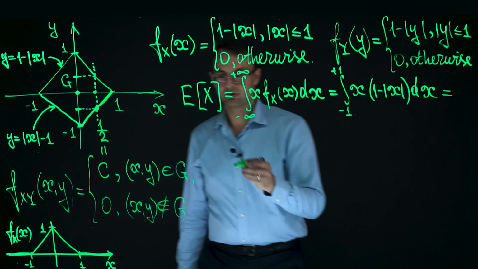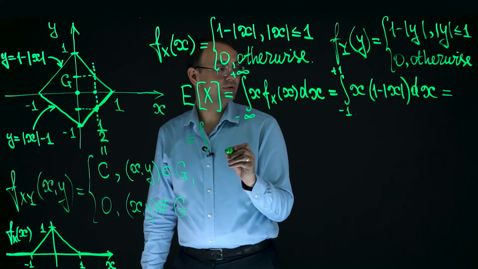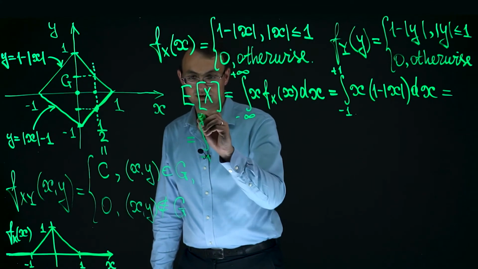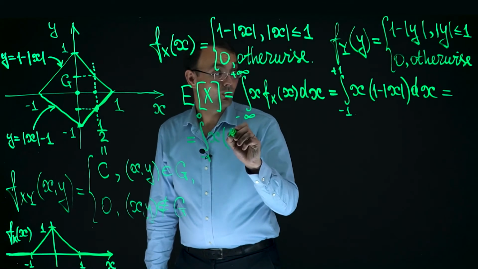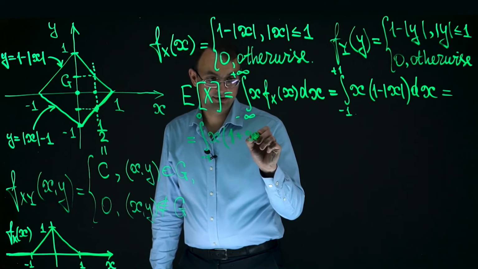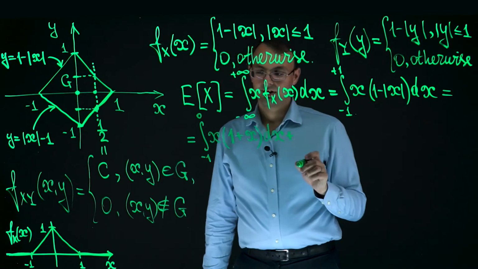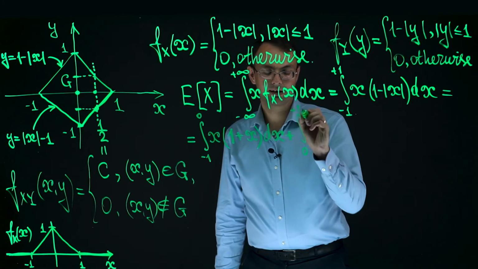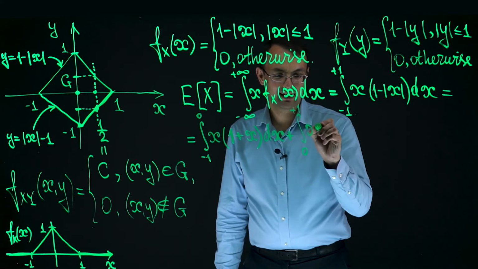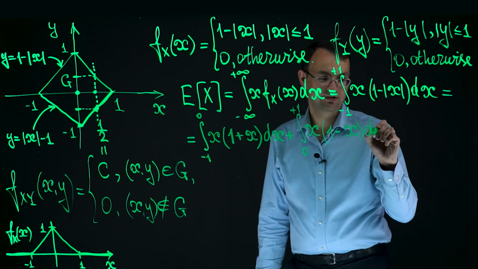And so you are to say that this integral is a sum of two integrals, one from minus 1 to 0 of x times 1 plus x dx, and the other one from 0 to plus 1 of x times 1 minus x dx.